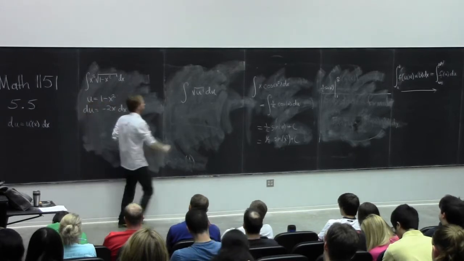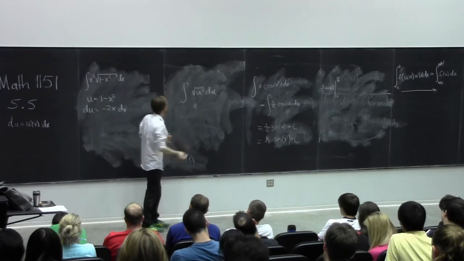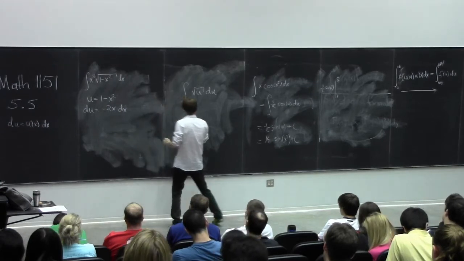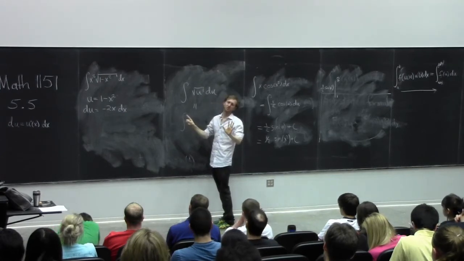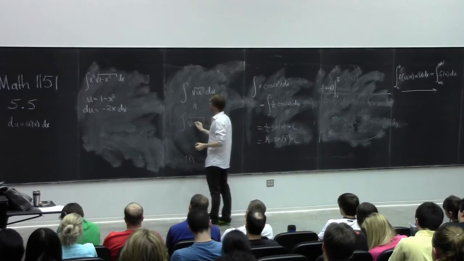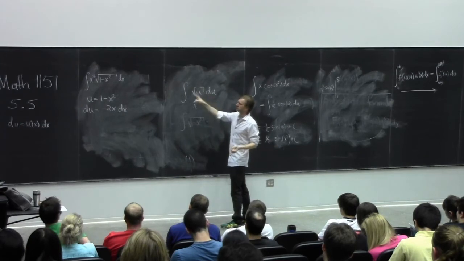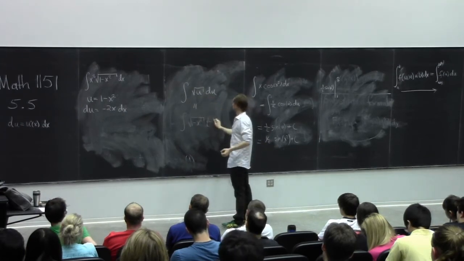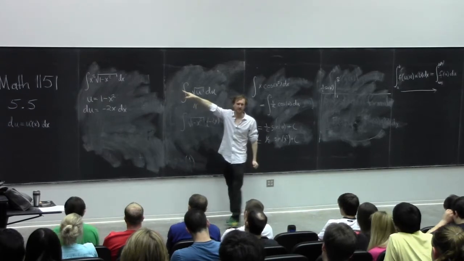Let's just plug u back in. The square root of 1 minus x squared times, what's du equal to? Minus 2x dx.